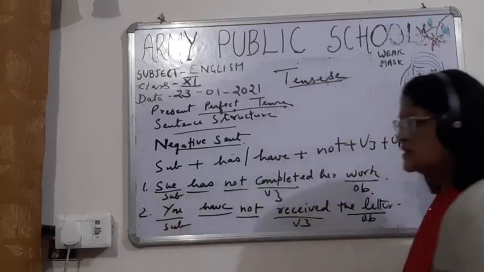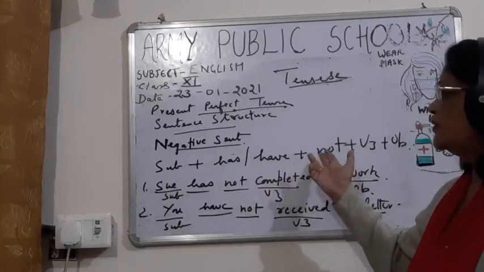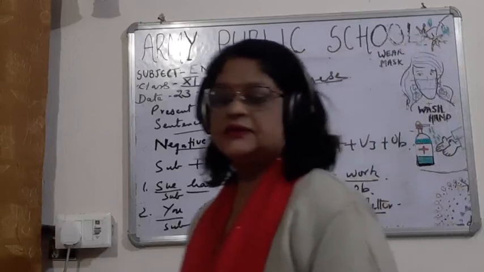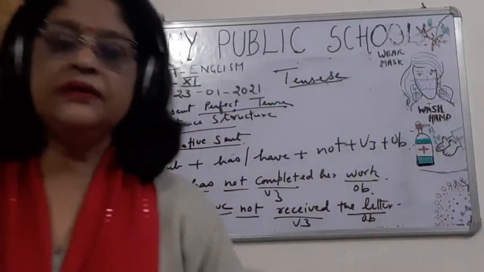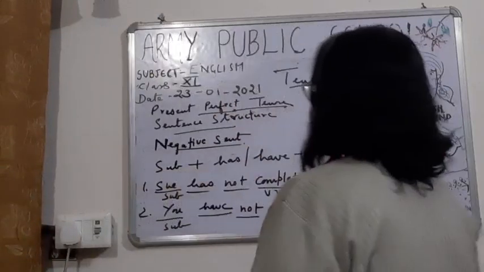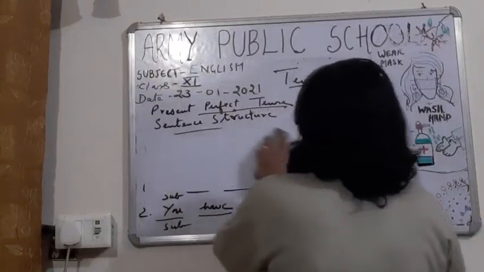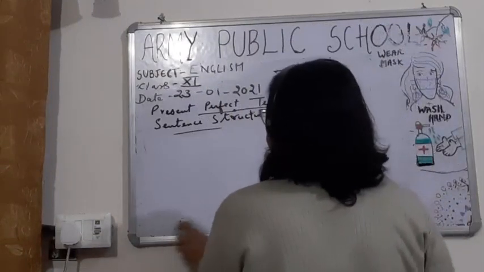So you can see children, in negative sentences we use not with have or has. Alright. And now we are having interrogative sentences.